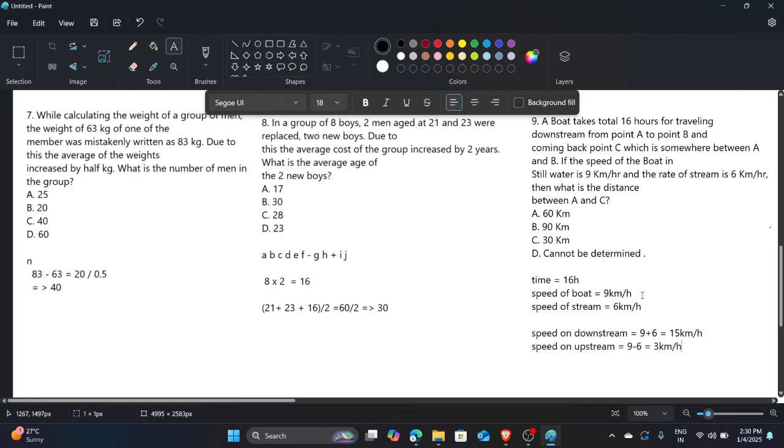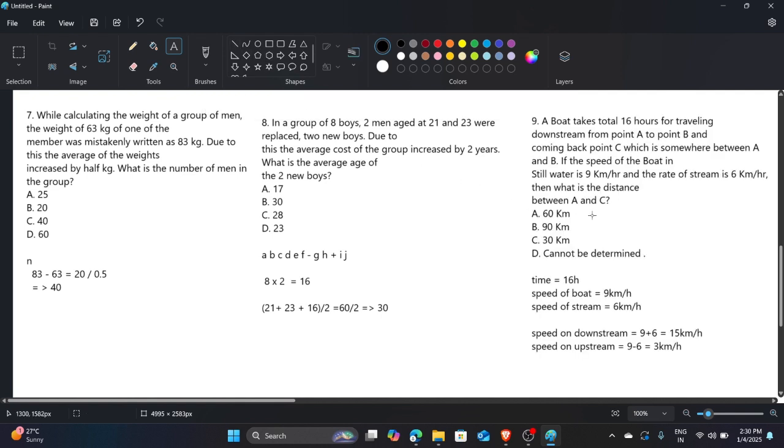From this information we could calculate it, because we have the time and we have the speeds of upstream and downstream, but only if we know the distance between A and B. Here I will give you an example with explanation.